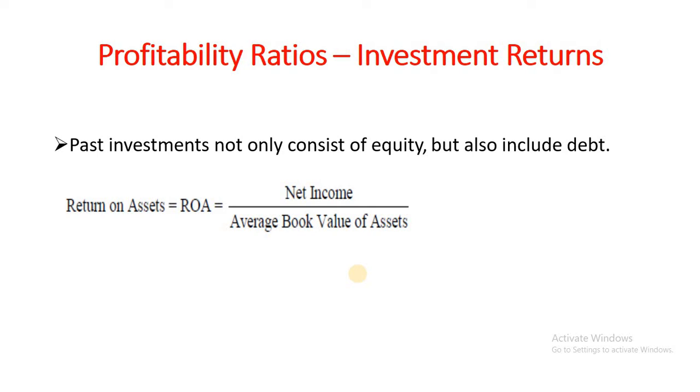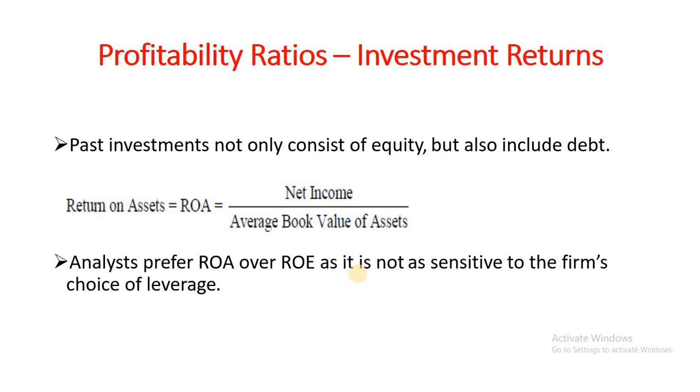We can calculate the average book value of the asset the way we showed you to calculate average book value of the equity. That means the ending book value of the asset of a particular year and the ending book value of the asset of the previous year, then divided by 2.